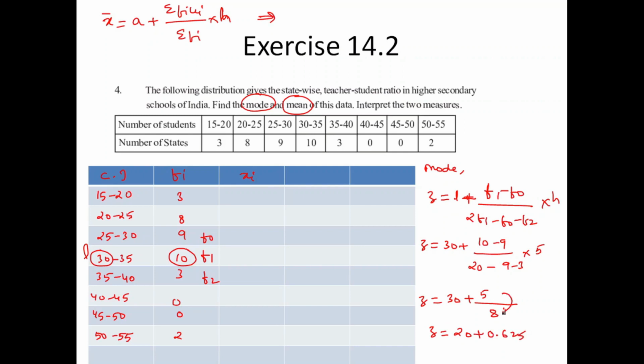You need to divide this, then only will you get the answer. So the value is 30.625 as your required mode value. Wait, here it is 30. Okay, 30.625 as your required mode value.